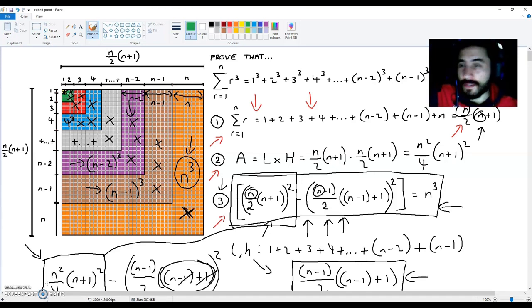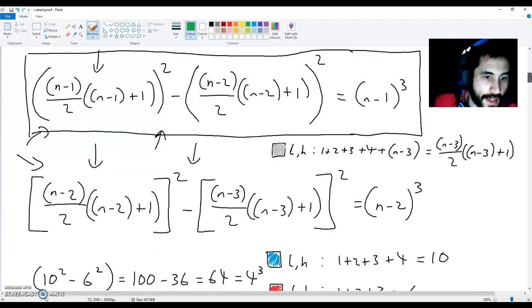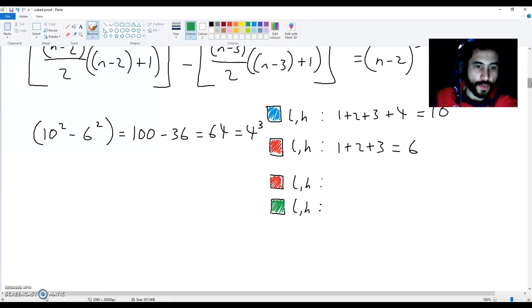Now let's go about finding the area in red. We get that by getting the red square and then subtracting the green square from it. We know that the red square has a length and height of 6, and the green square has a length and height of 1 plus 2, which is 3.